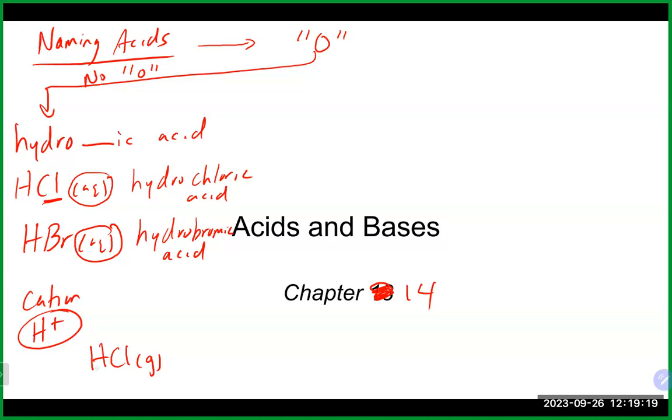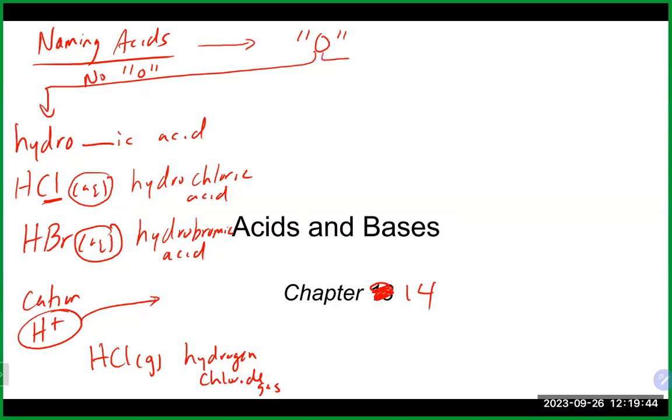Acids are substances that basically can release an H plus in solution, which is why acids always have the aqueous symbol next to them, because they should be solutions. So this would be hydrogen chloride gas, which, if you bubble it through water, then you get hydrochloric acid.